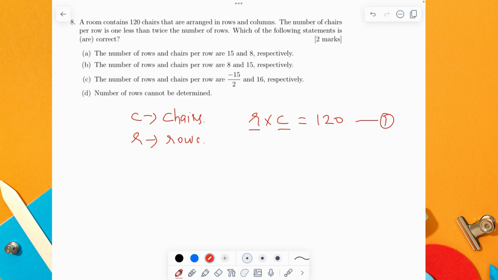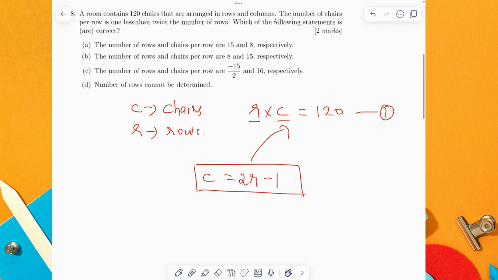They have said the number of chairs per row, that's what I have written as C. So C is equal to 1 less than twice the number of rows. So the value of C is equal to 2R minus 1. We are going to substitute here.